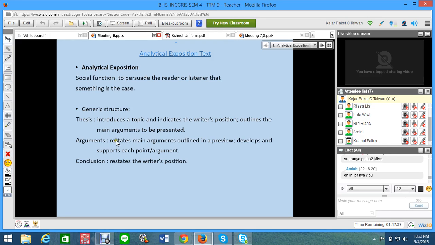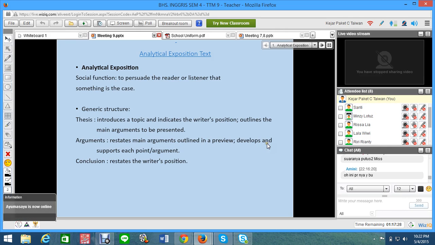So restate means diungkapkan kembali. Okay. Restates means arguments outlined in preview, develops and supports each point or argument. So when we are going to restate, okay, ketika kita mengungkapkan kembali, we have to develop and support each point or argument. Kita support each point atau argumennya itu, okay.